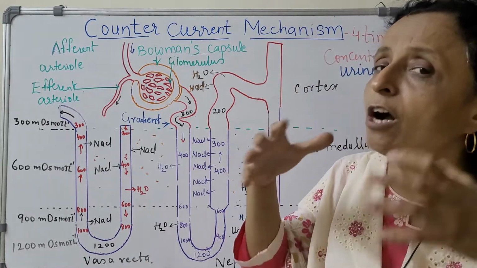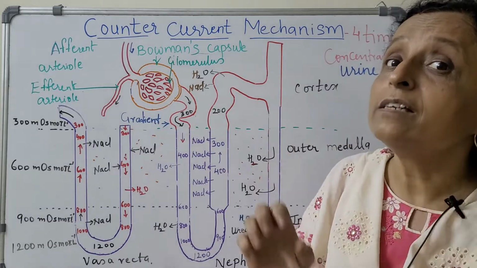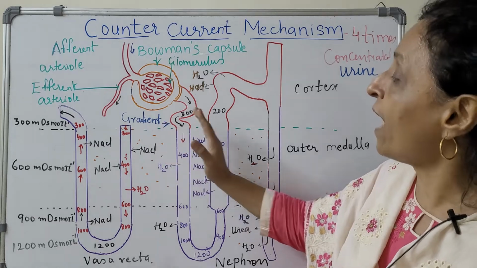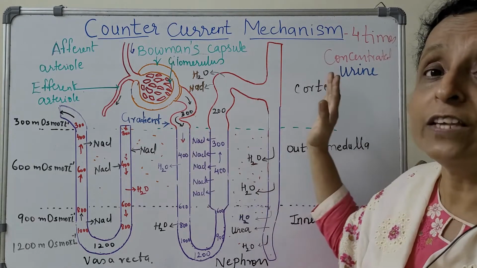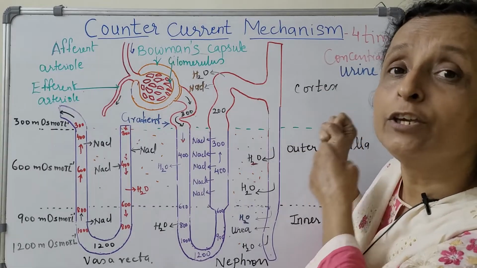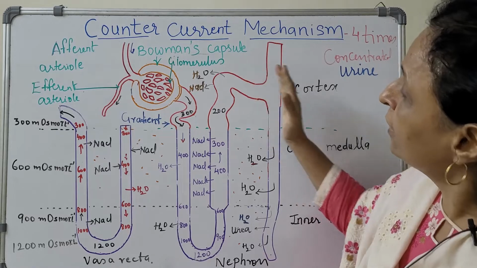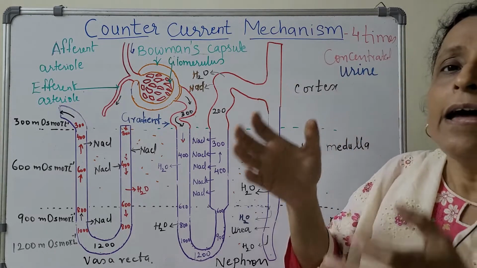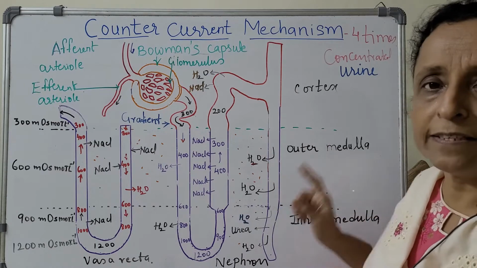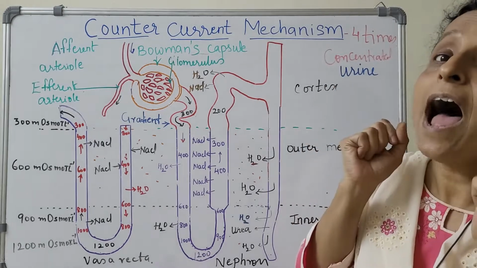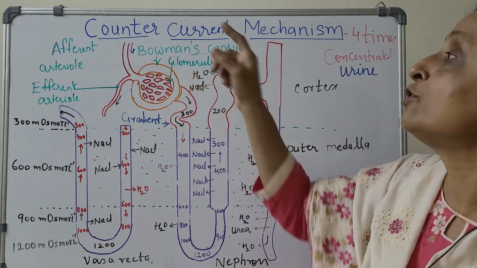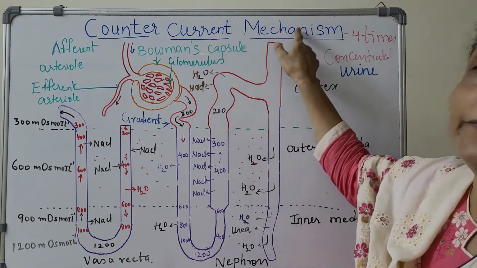That concentration has to be maintained, which is very important, so that the collecting tubule helps in concentrating the urine. So now this counter current helps in absorption of water. Absorption of water takes place in the collecting tubule, and the urine is concentrated 4 times due to this counter current mechanism.